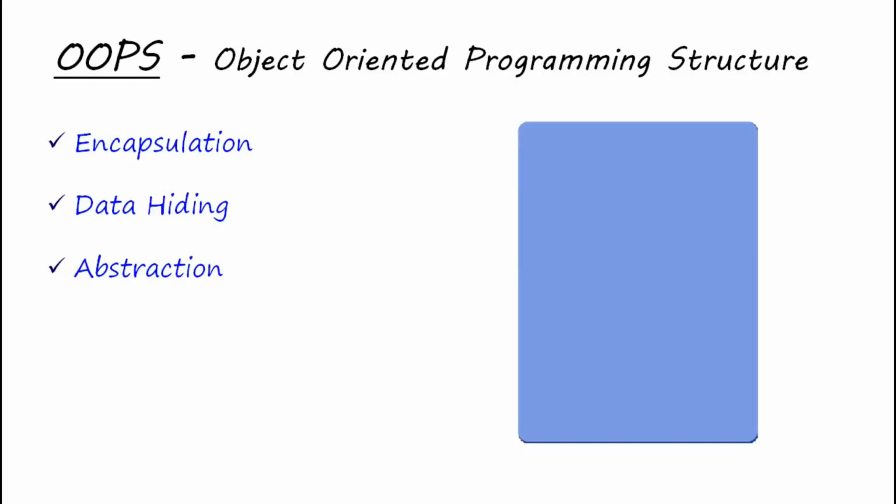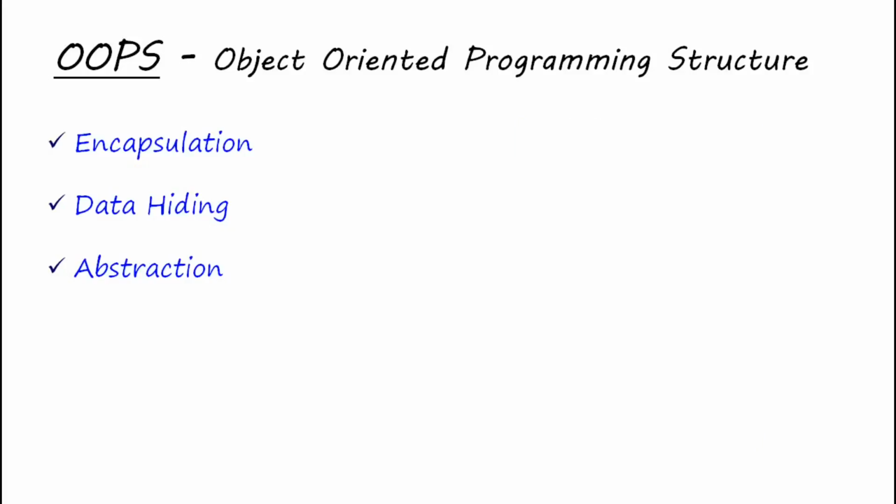It has no utility left. So you expose a little amount of data to the world, but only that which is required, and you hide all other unessential details from the user. So this is abstraction.